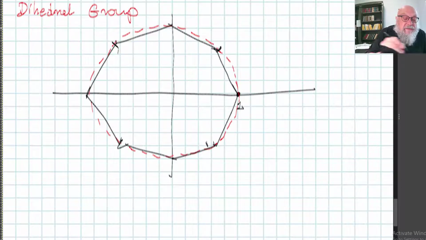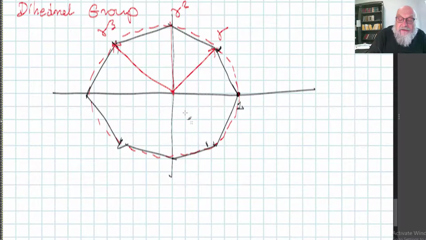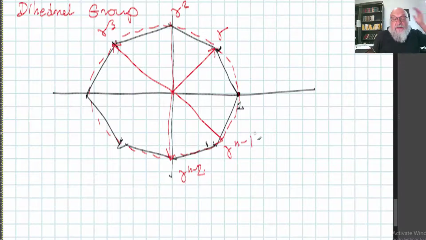And here we have the vectors. This is vector gamma, this will be vector gamma squared, the next one will be vector gamma cubed, and eventually we will come here to gamma n minus 2, and this will be gamma n minus 1.